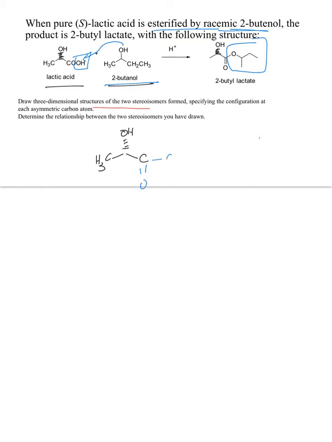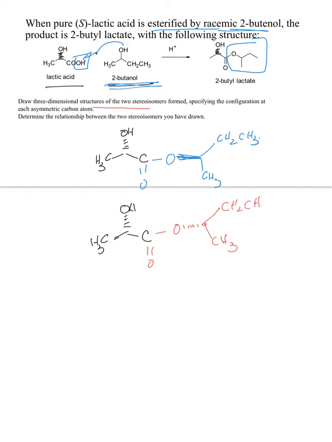Now, the alcohol portion is this portion here from the 2-butanol. And if it's racemic, you're going to get one coming at you. And you're going to get an ester going back at that stereocenter because you're adding both R and S.